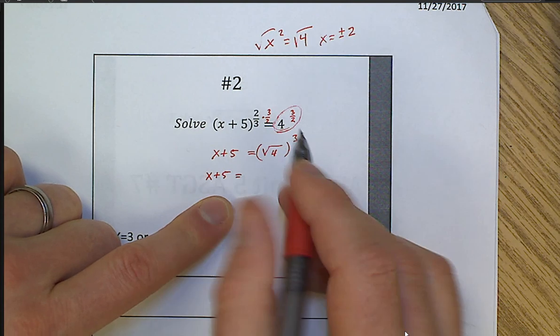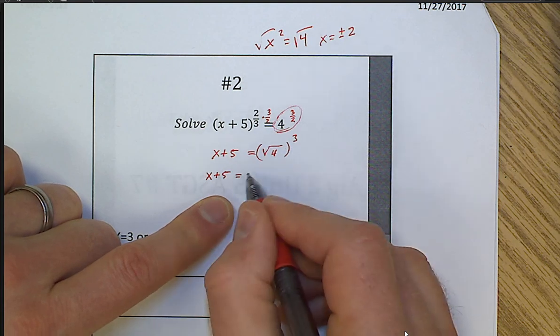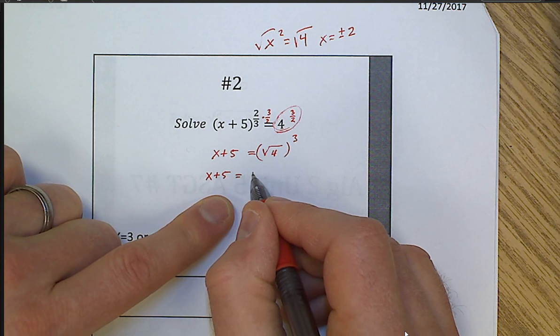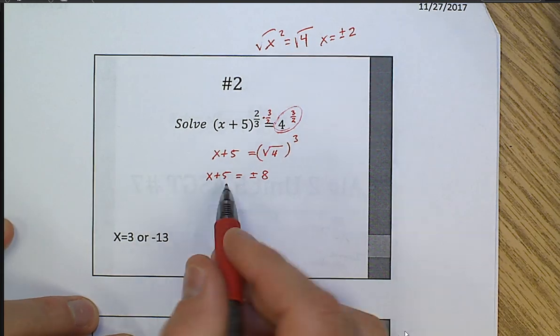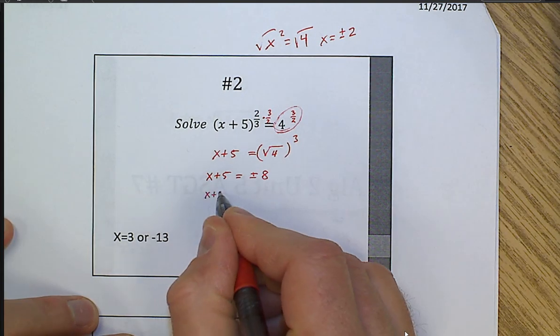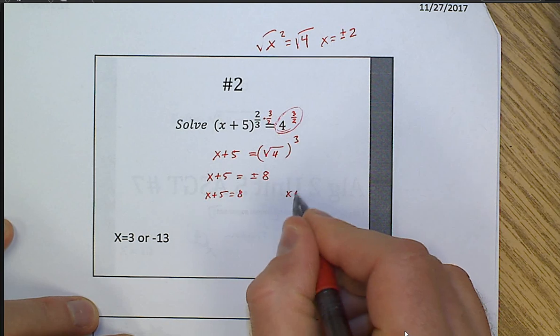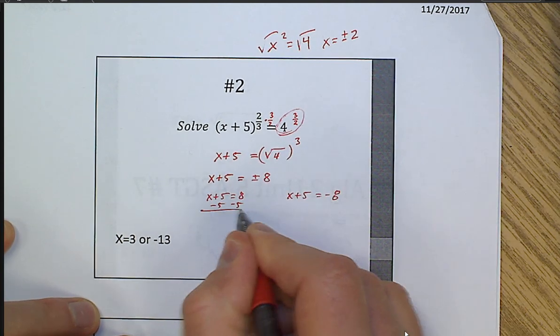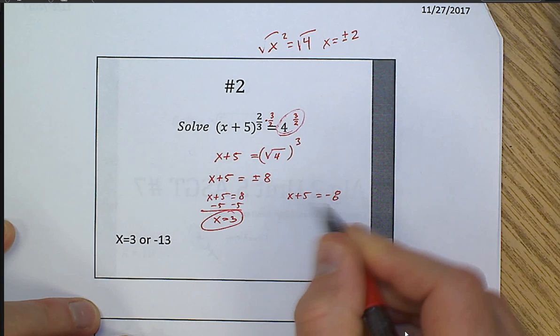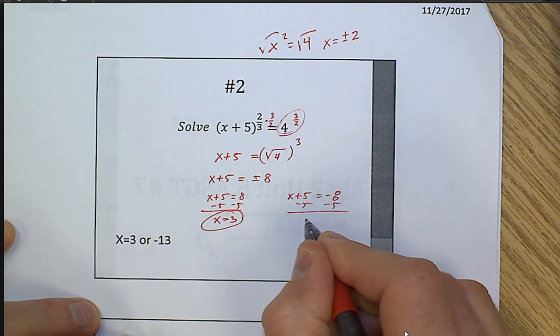So I get plus or minus 2 to the 3rd power, which is going to be plus or minus 8, right? 2 to the 3rd power is 8. So watch what happens. I really get x plus 5 equals positive 8, and x plus 5 equals negative 8. So I subtract 5, I get x equals 3, and I subtract 5, I get x equals negative 13.